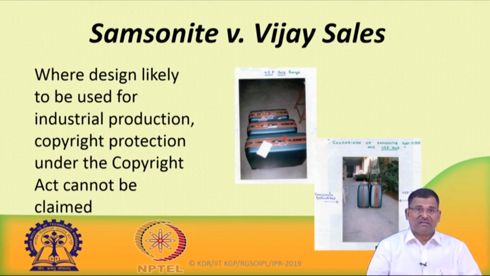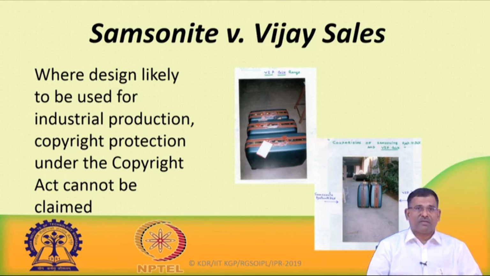So, for industrial designs, can copyright protection apply to designs as well? If something is already copyrighted, can you protect it by designs? Our Designs Act says the other way around: if it is registered as a design, you will get automatic copyright protection, not the other way around.